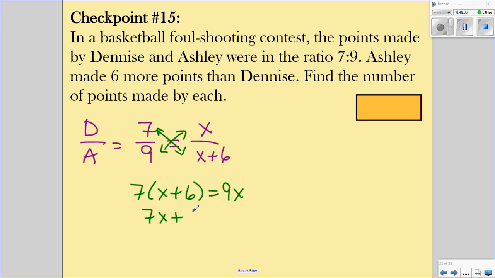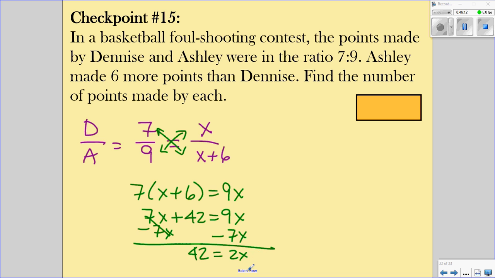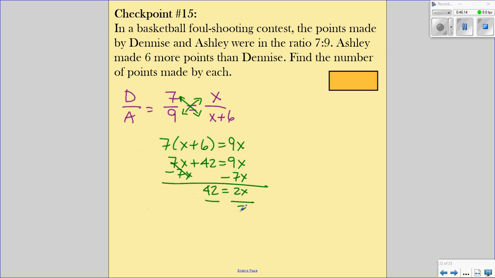Distribute. And then you're going to subtract 7x on both sides. Divide 2 on both sides. And then you're going to get x equals 21.